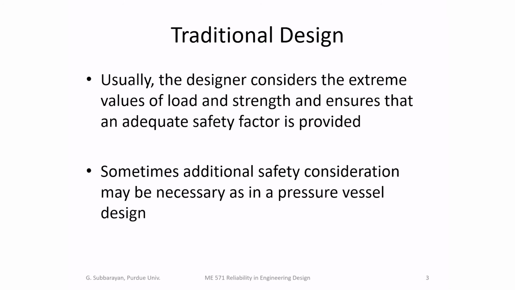So in traditional design, the designer considers the extreme values of load and strength. In other words, we take the extreme load to design conservatively. And we also lump our uncertainty about material property, etc., through a safety factor.